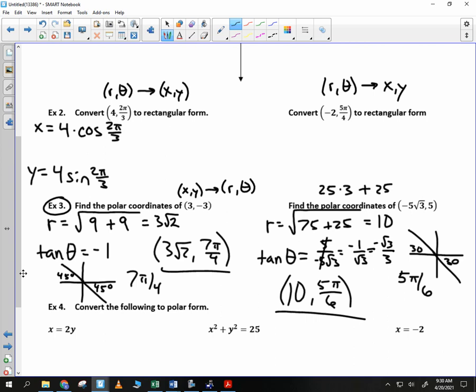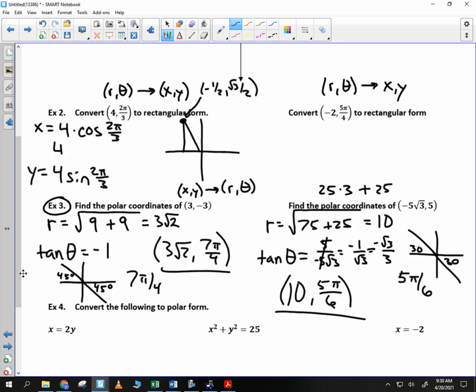2 pi over 3. How many degrees is 2 pi over 3? 120 degrees. That leaves me with a 60-degree angle. What is that terminal point sitting up there? Negative 1/2, root of 3 over 2. Okay. So for x, is cosine the x value or the y value?